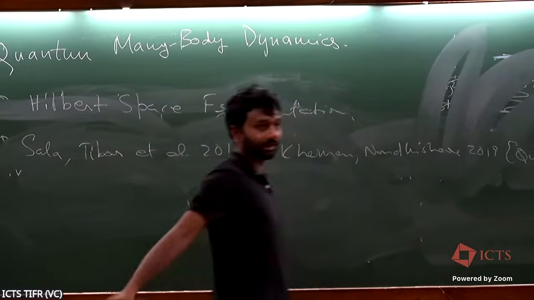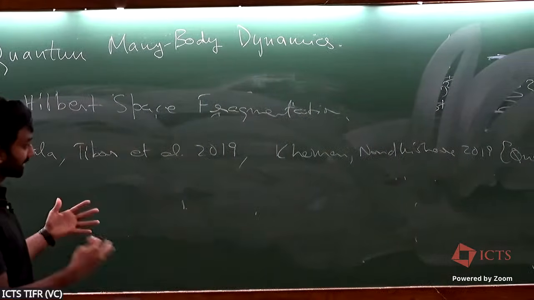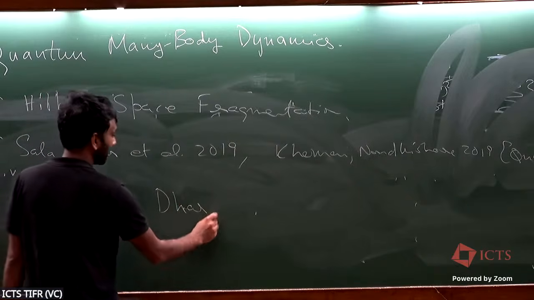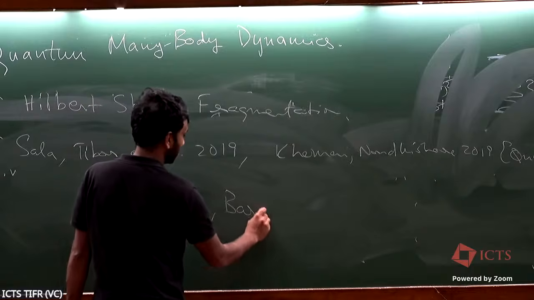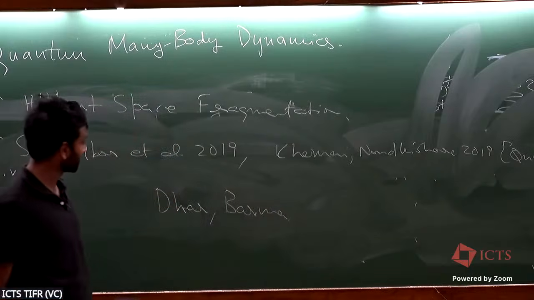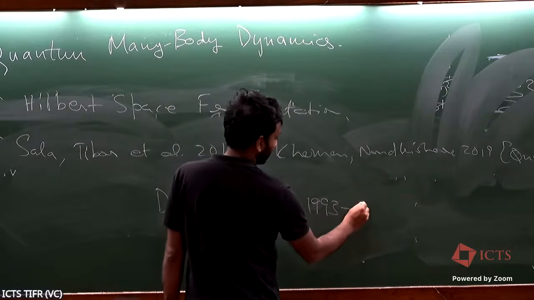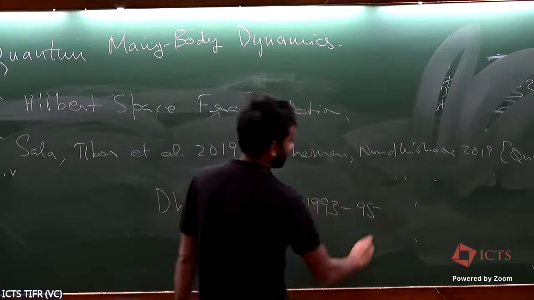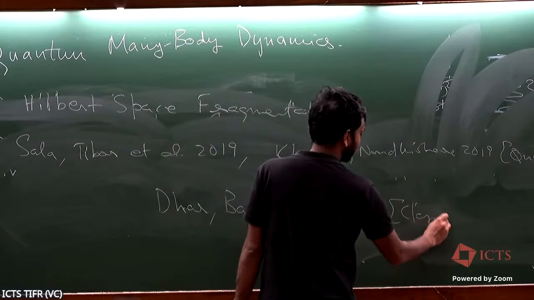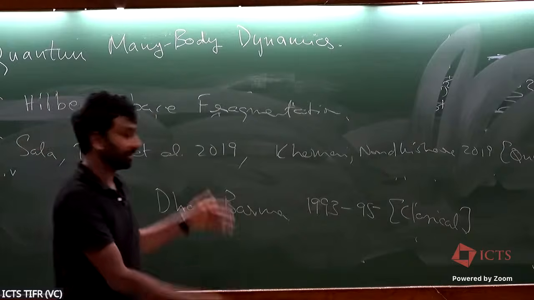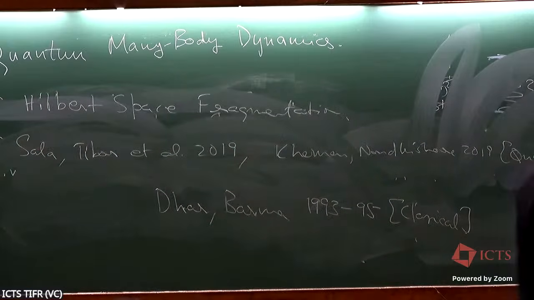But actually, it turned out that people in the classical StatMech literature, especially Deepak Dhar and Mustansir Barma, Deepak Dhar is at ICTS, knew these kinds of phenomena in papers in the early 90s. It turns out that there is a classical version of this, which was well known back then.